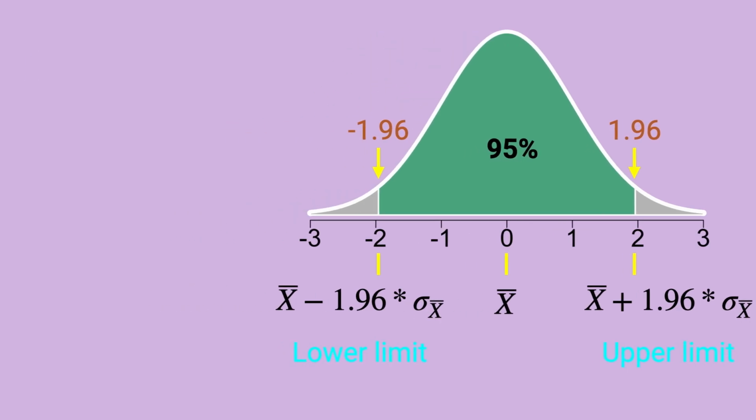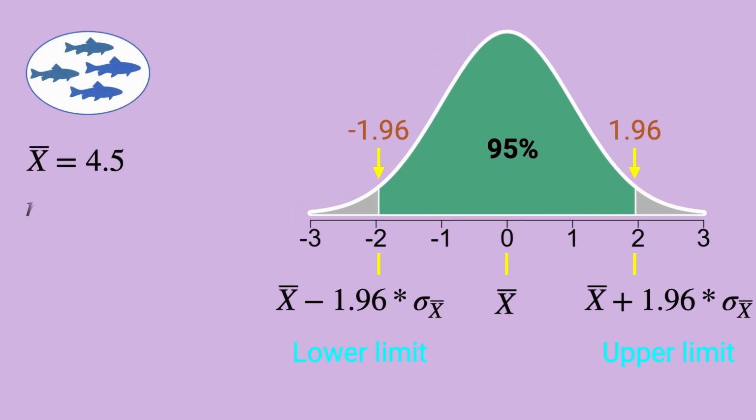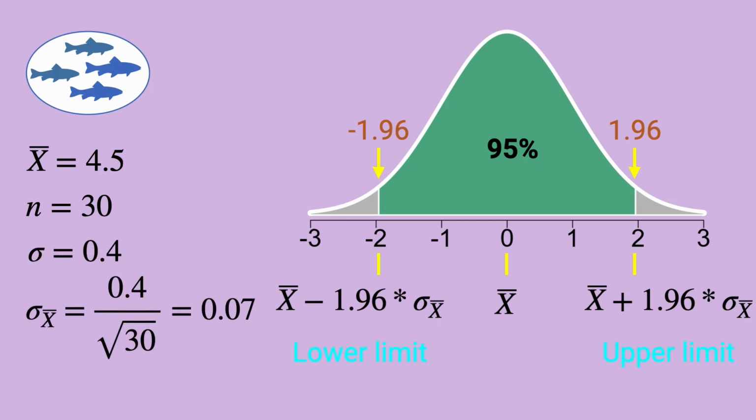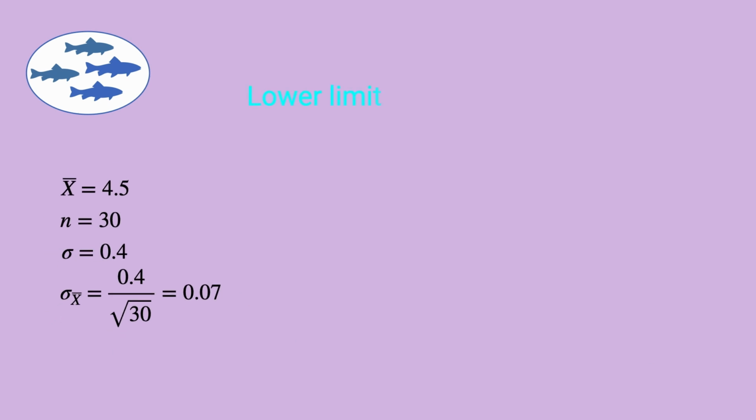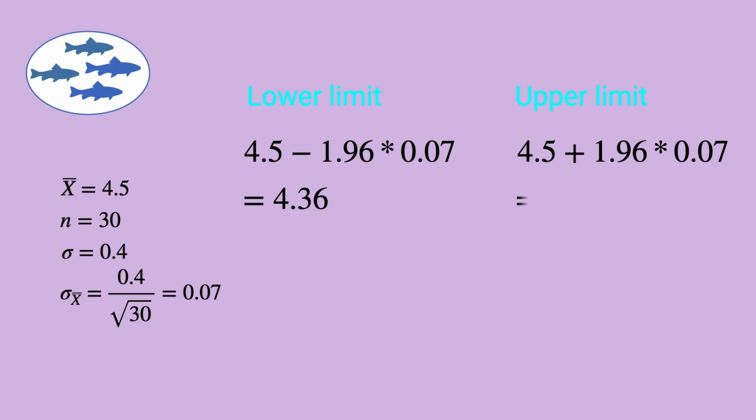For example, from a sample of 30 fish, which has the average weight of 4.5 kilograms, and the population standard deviation is 0.4, we can calculate the standard deviation of the sampling distribution. We then can calculate the lower and upper limit of the estimation for the mean of the population.